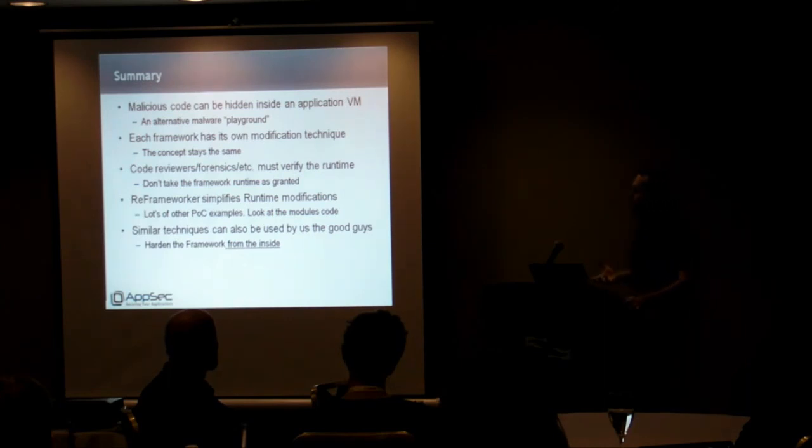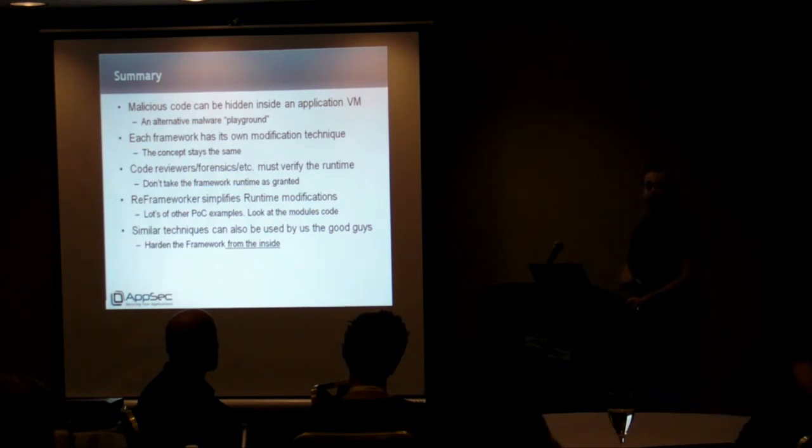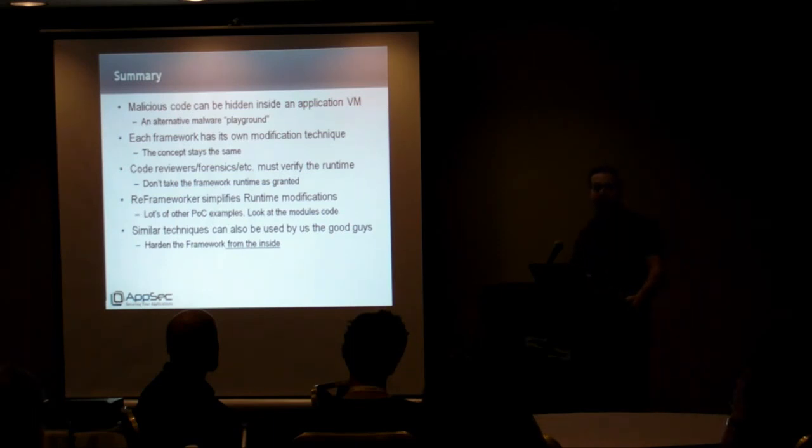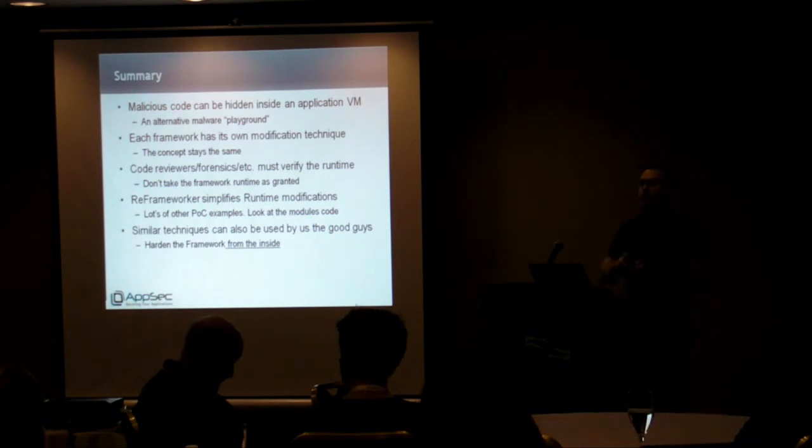So we've seen in this presentation that the malware itself can be hidden inside the runtime as an alternate malware playground. This is not just kernel-level rootkits, device-level rootkits and BIOS-level rootkits. We're also now having application-level rootkits and virtual machine-level rootkits. This is something you should be aware of.